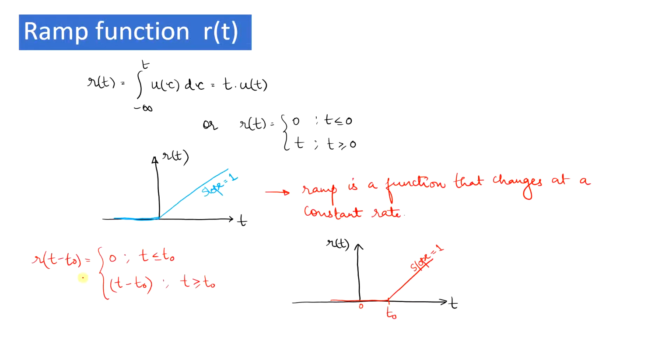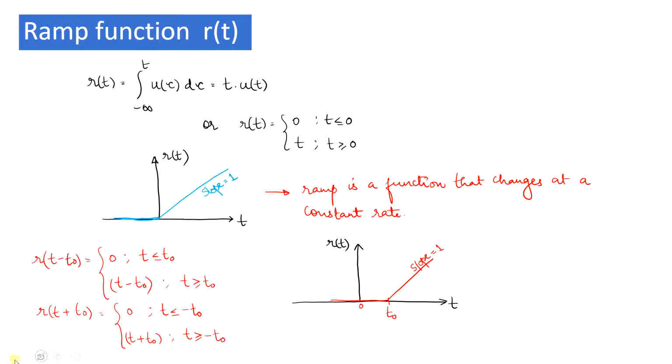In a similar manner, if I have to represent the signal r of t plus t naught, that is a signal which is advanced in time, then I can represent this as equal to 0 for t less than or equal to minus t naught and equal to t plus t naught for t greater than or equal to minus t naught.